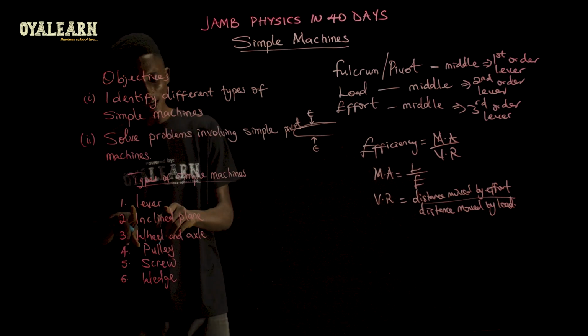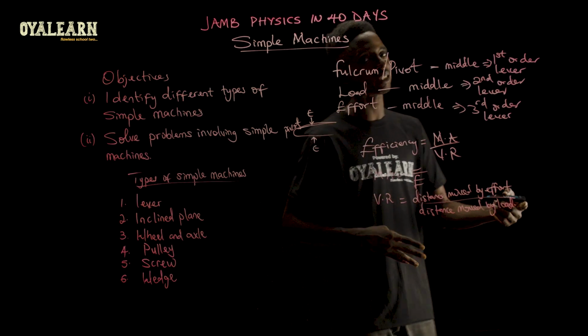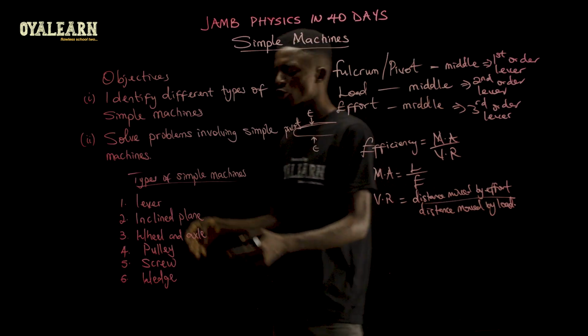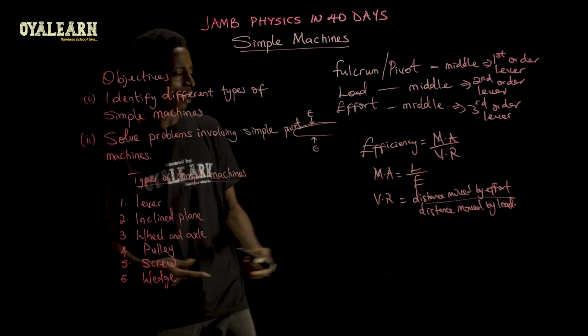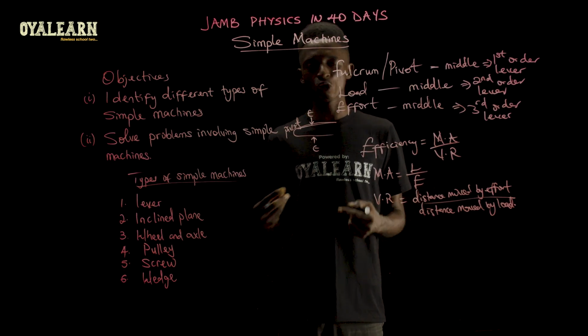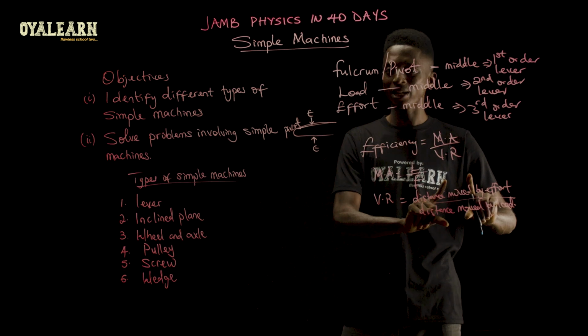Now, for simple levers like this, we can use this equation easily without problem. But as you move on to other types of machines, there are other ways you can derive the velocity ratio of such machines and still follow this particular equation.